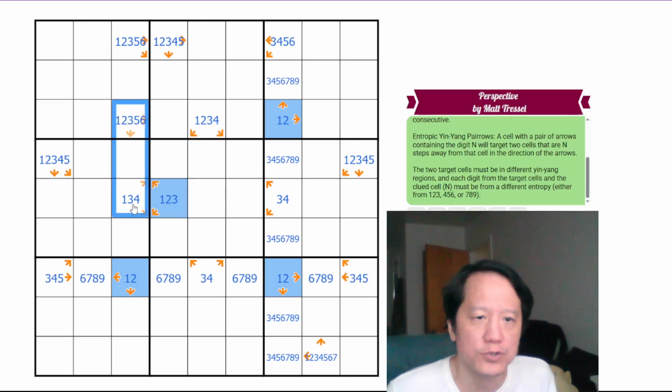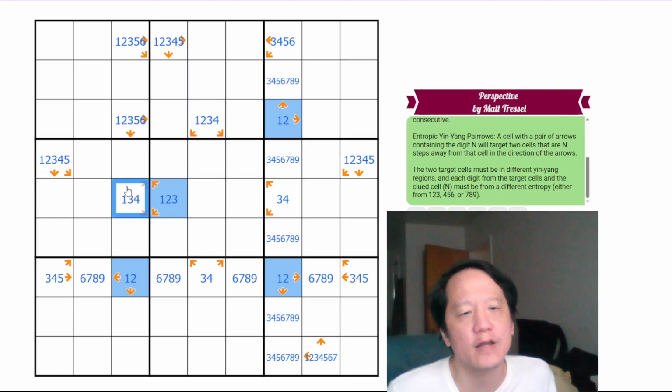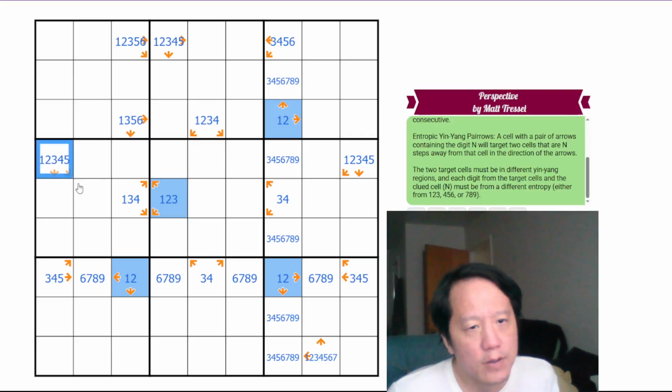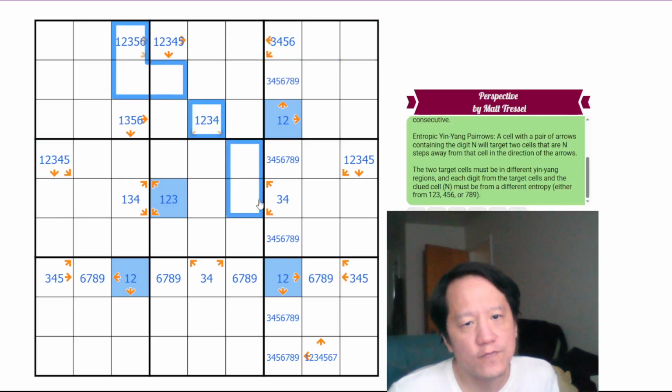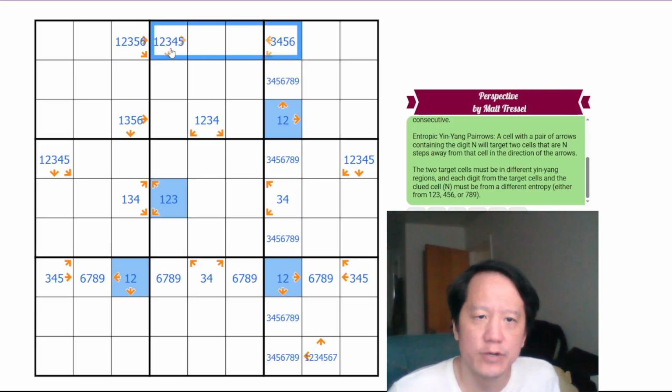Can this be 2? No. If this is 2, then these would not have a high. 3 away could work. 1 away could work. 2 away could work. So these are the only informations we have, really. Can 3 away work? Possibly.